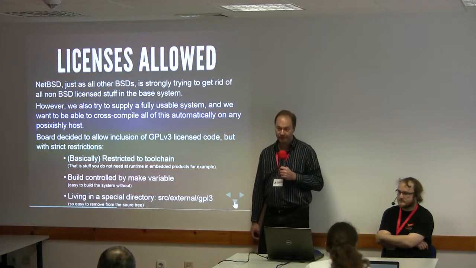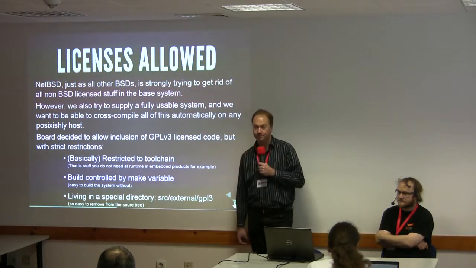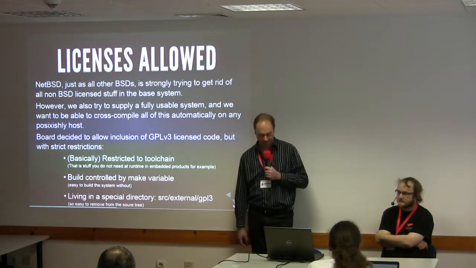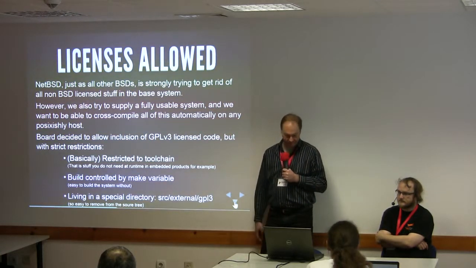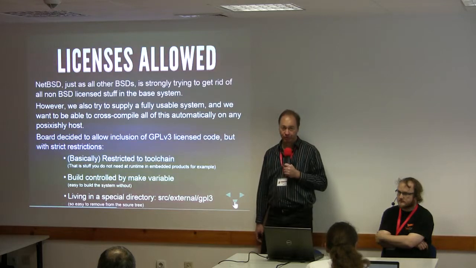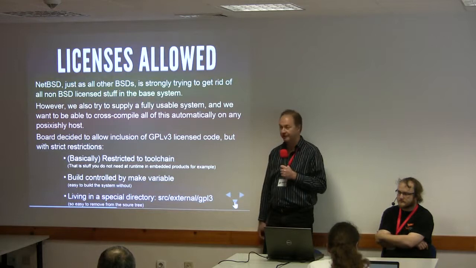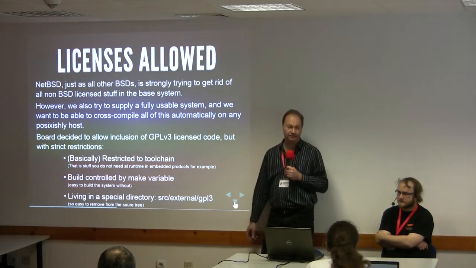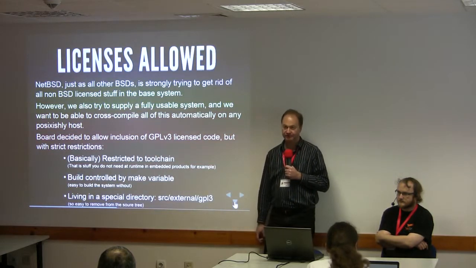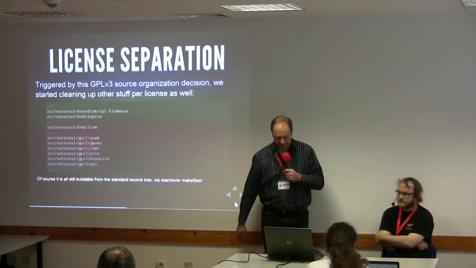So we had a big debate, as always, and we came to a solution that we put this code into a separate directory tree. We restrict GPL v3 stuff to basically toolchain stuff, meaning things you likely are not going to need at runtime, or if you are an embedded vendor and have problems with this license, you can leave it out of your runtime stuff. You can use it for your build, but you don't put it in your device. So it's in a special directory, and this worked out pretty well.